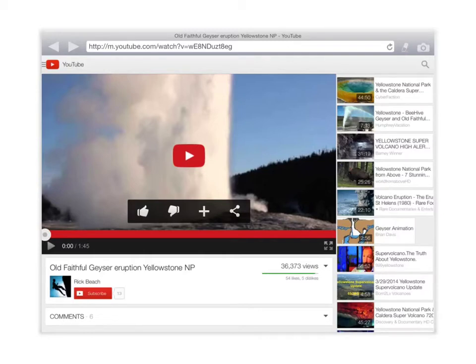Right there is just some steam coming out of the geyser hole. There it goes.